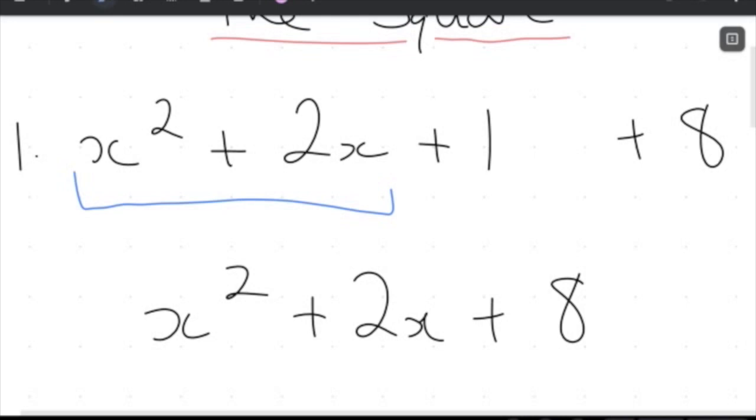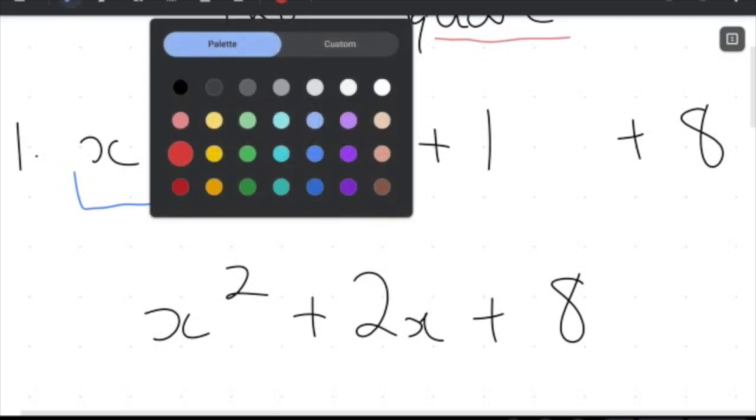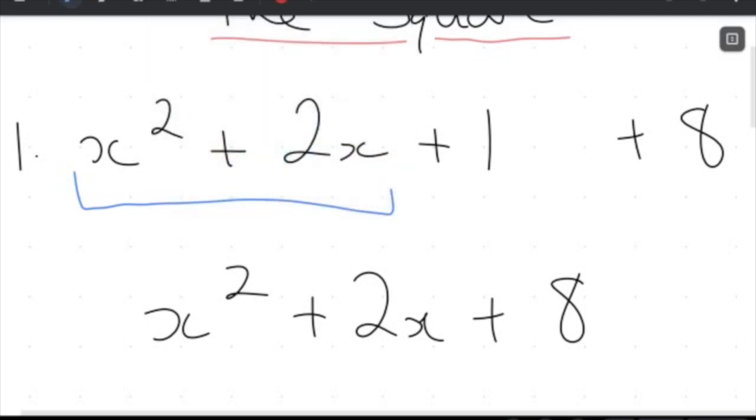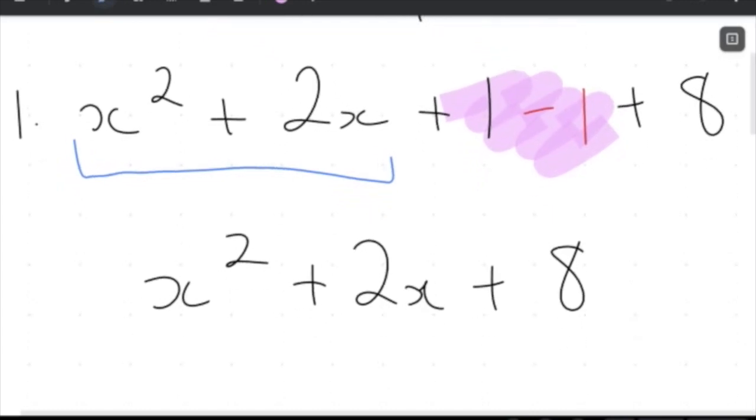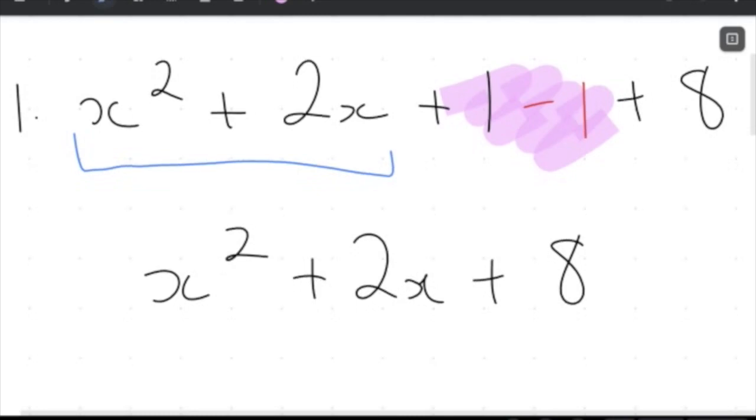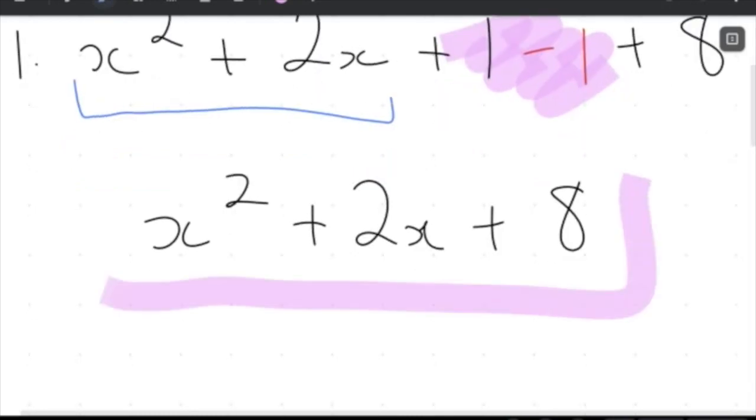Now, to make the top expression equivalent to the bottom one, as currently these are not the same, I'm adding 1 to this expression at the top. So I'm going to subtract 1 as well, because 1 minus 1 is just 0, so I get x squared plus 2x plus 0 plus 8, which is the same as x squared plus 2x plus 8.